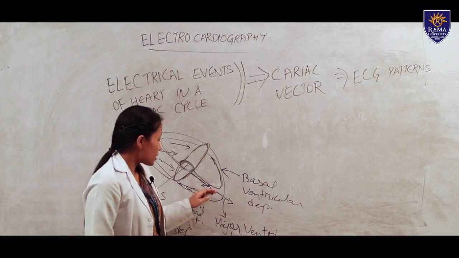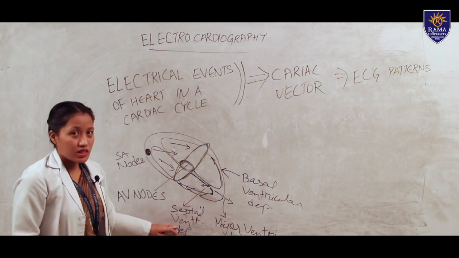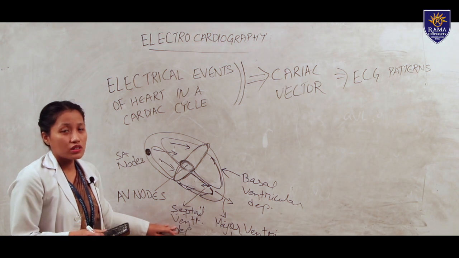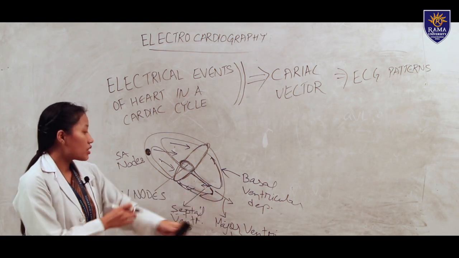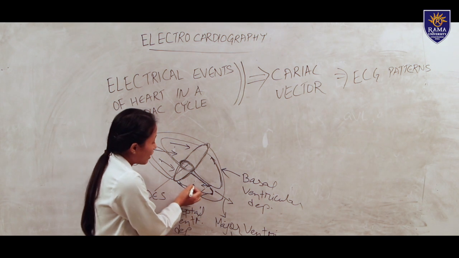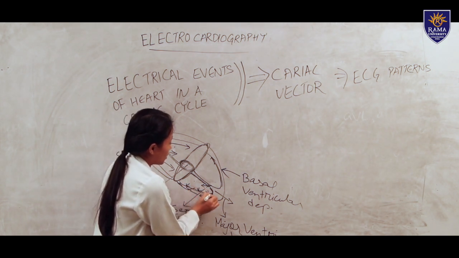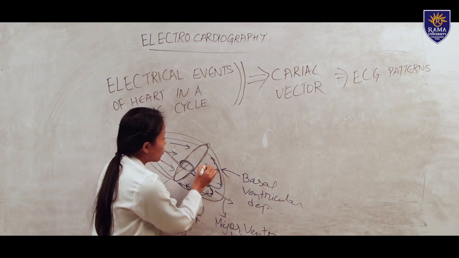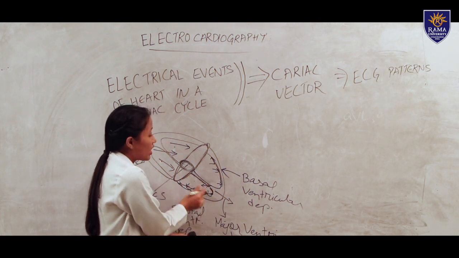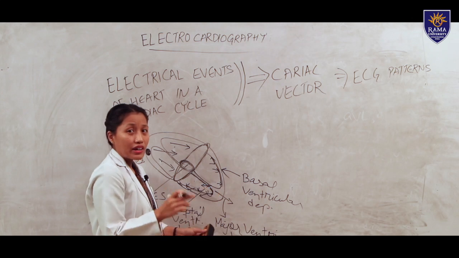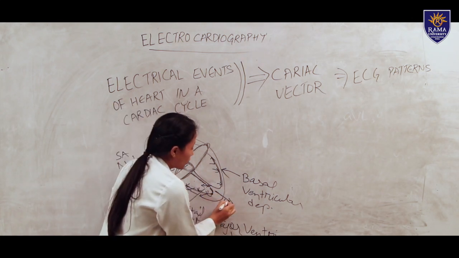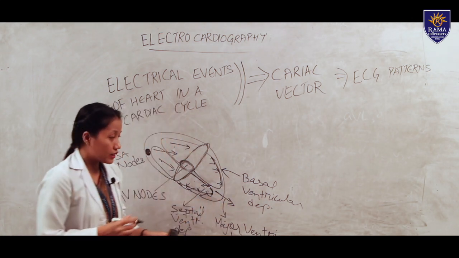After this septal ventricular depolarization, major ventricular depolarization will start. In the major ventricular depolarization, the velocities spread to all areas of the ventricle. This velocity moves to all parts of the ventricle, and the net velocity goes in a downward and leftward direction.